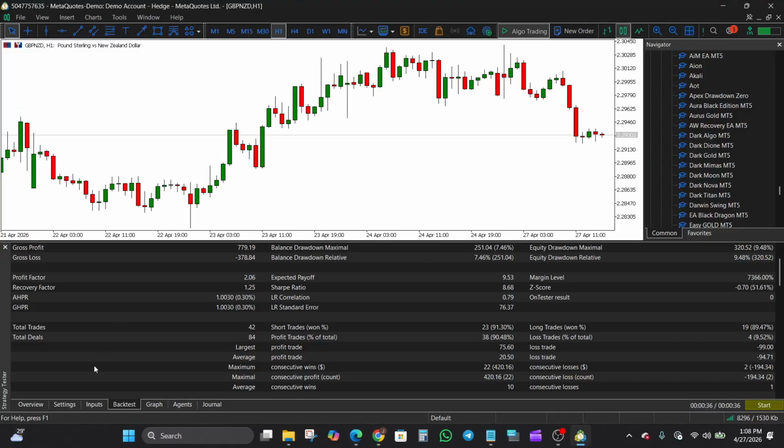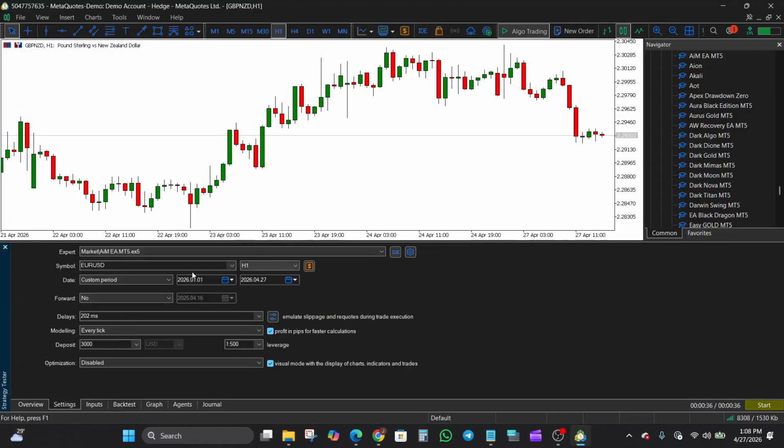So let's head over to the settings in the strategy tester. We're going to be running it on Euro USD H1 time frame, and let us select the Aion EA. We're going to be running the test from the beginning of this year till date, so we can get at least close to 4 months of backtest. I recommend that you test it over a longer period of time so you can get more comprehensive results.